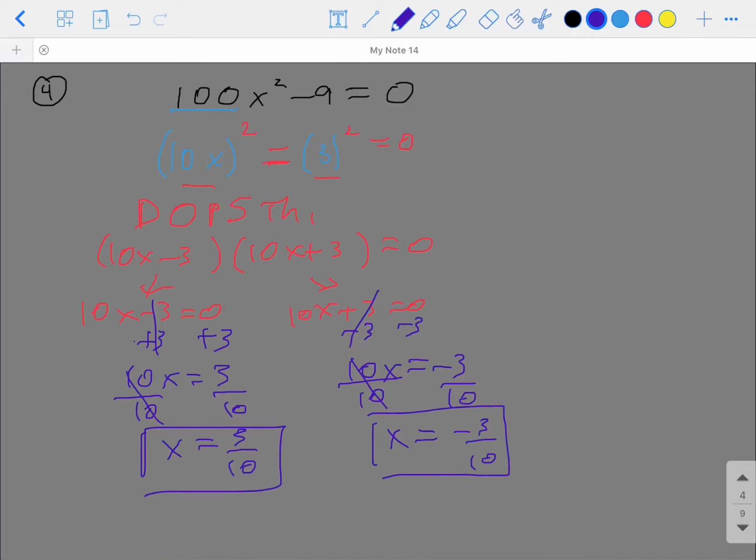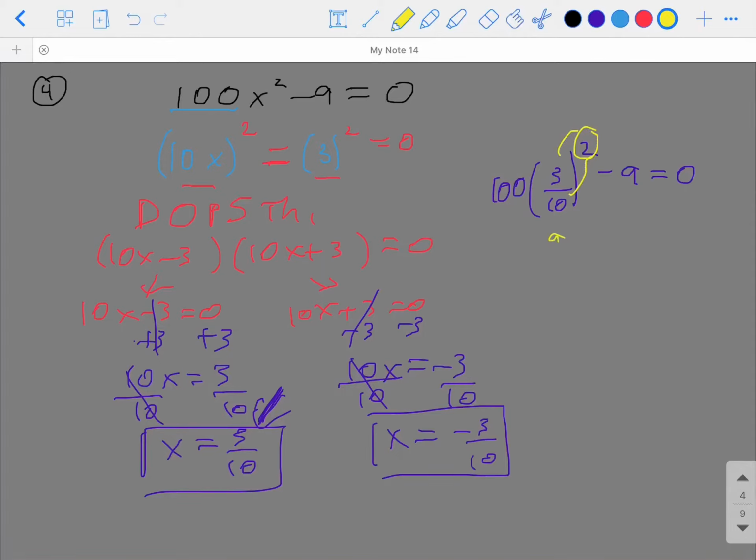And again, you can validate that your answers are indeed correct. I'll just work on this, and we can continue forward with the lesson. 100 times (3 over 10) to the second power minus 9 should give us 0. I'm going to distribute the power of 2 to the top and the bottom of the fraction.